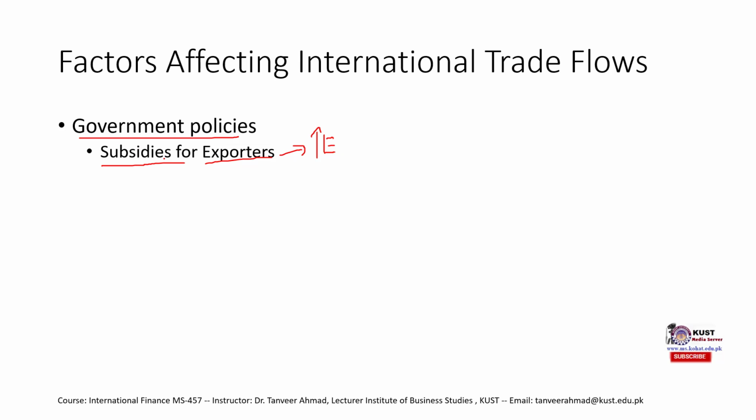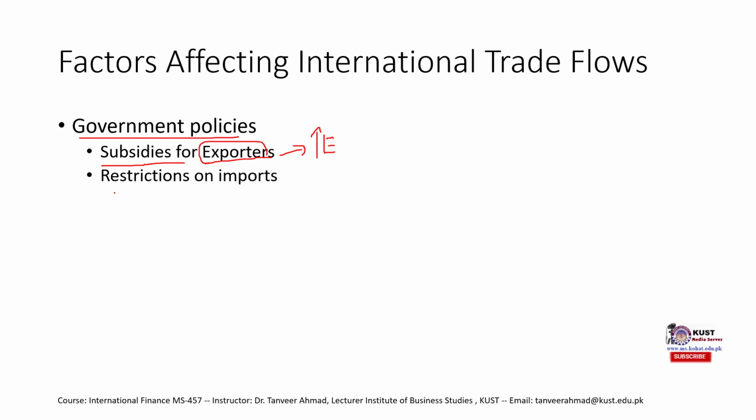Then there is subsidy by government on, say, for example, electricity. So essentially, what would happen is that our exports would become cheaper for the foreign countries, and hence our export would increase, right? So these are some of the ways that government uses.